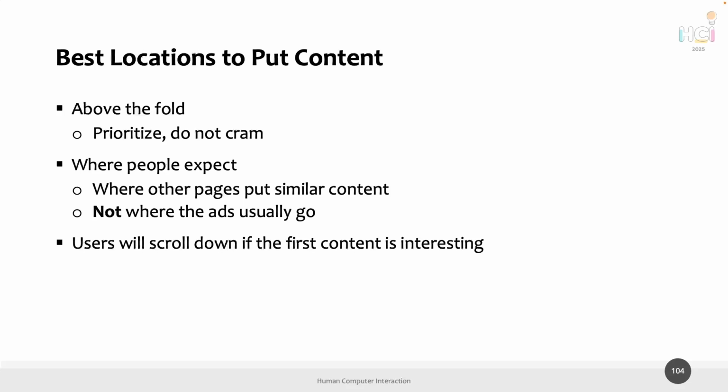Just some advice for this kind of thing. Look at what other apps, other websites are doing in order to decide where to put the important information. The important information should be above the fold, of course. So try to prioritize the important information and try to put the information where people expect it.